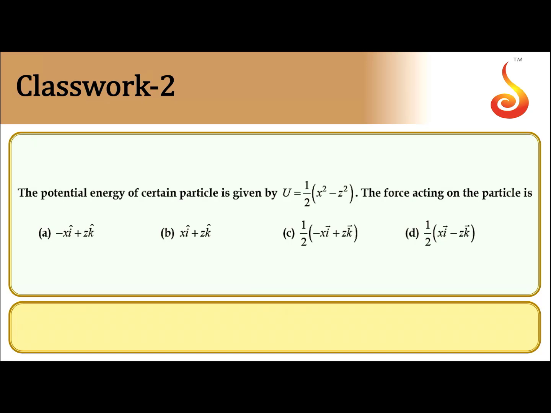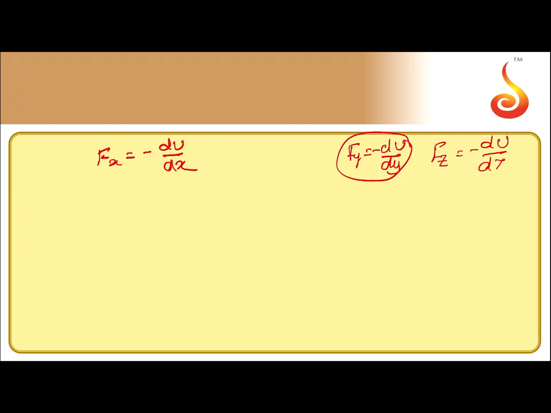You may wish to recall that the force is given by Fx is equal to minus dU divided by dx, and Fy is equal to minus dU by dy. In this case, its dependence on y is nil, and Fz is equal to minus dU divided by dz.